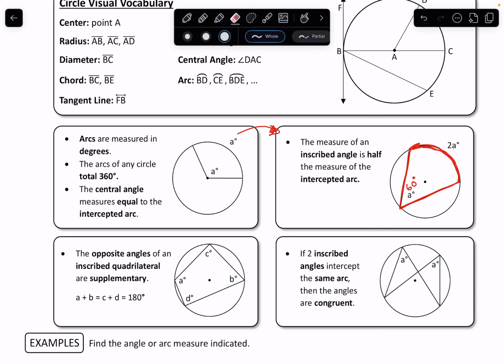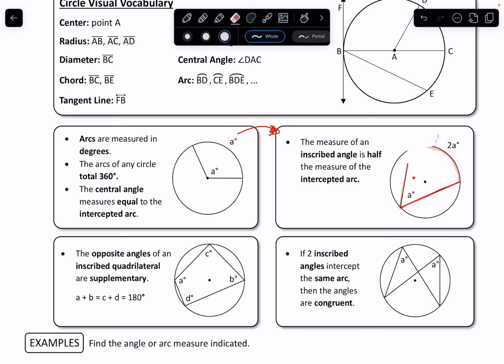So the inscribed angle is half of the arc. That would mean the arc is 120 degrees. The inscribed angle is half of that. And if I were to draw a central angle also, the central angle would match the arc. The inscribed angle would be half of the arc.